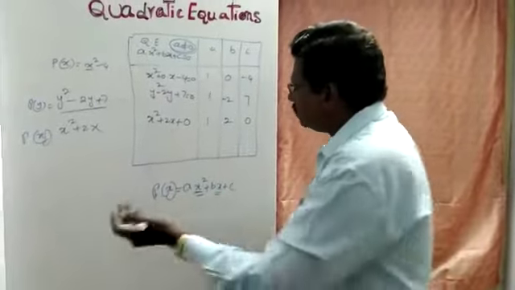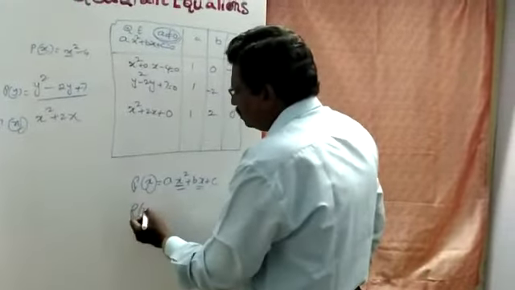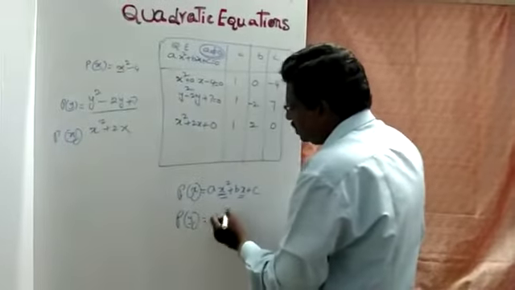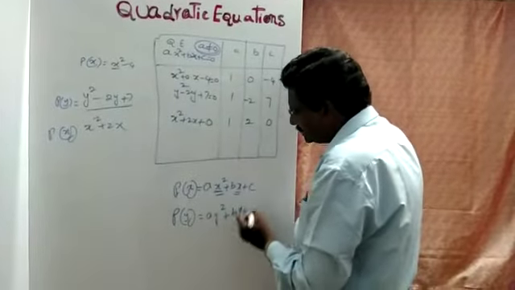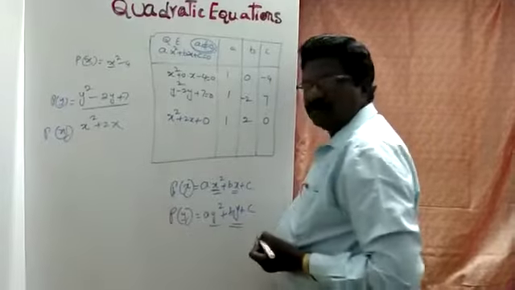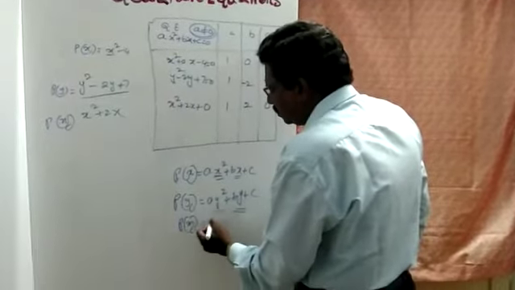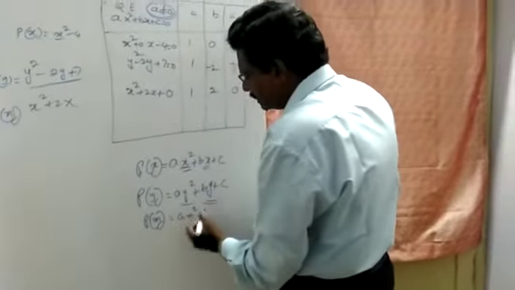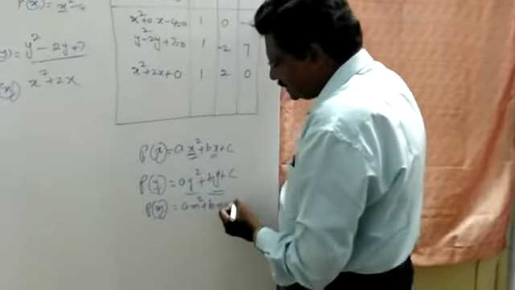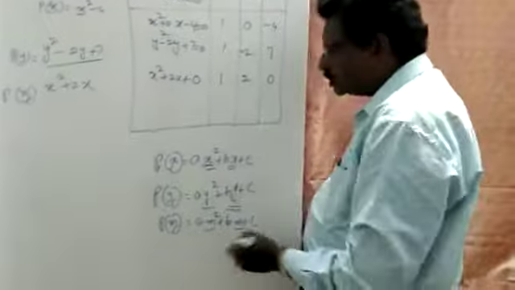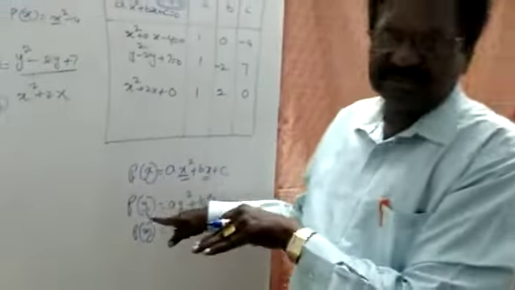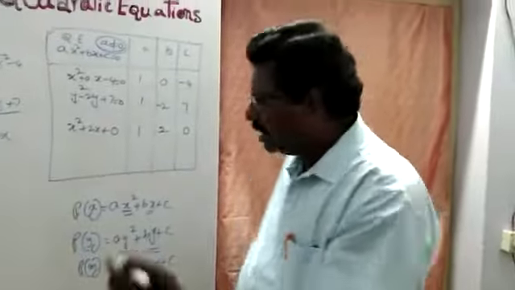So for example, you have to take p of y is equal to ay square plus by plus c. The variable is the y. And one more example you have to take, p of m is equal to am square plus bm plus c. Here the variable is m, so these are called the polynomials. Did you understand? These are called the polynomials.